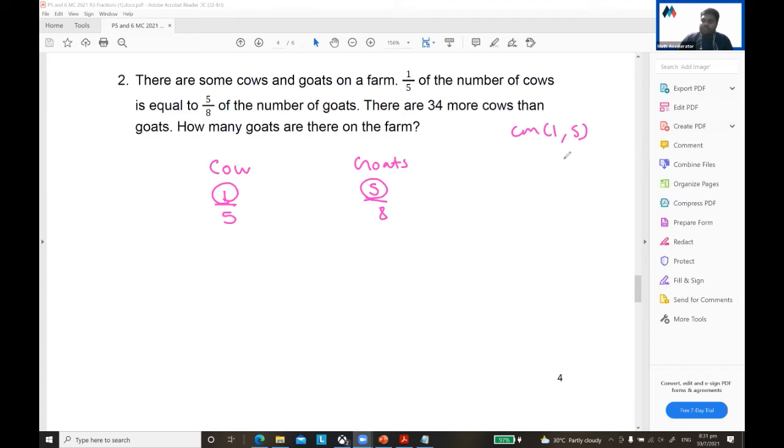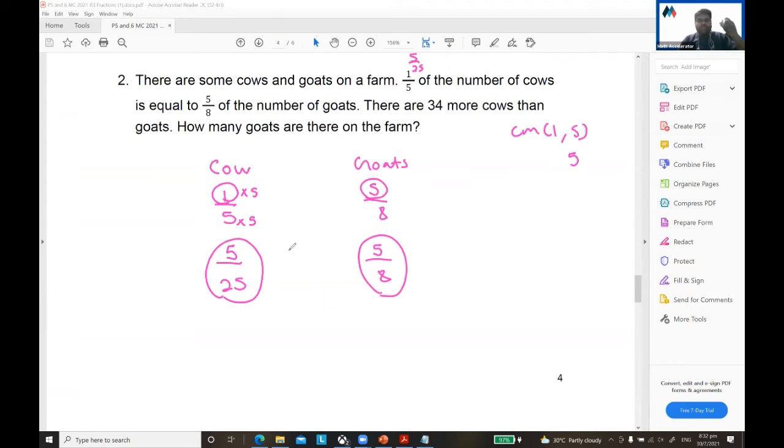So the common multiple of 1 and 5 is 5, which means the 5/8 here can stay. But the 1/5 multiplied 5, you must multiply the bottom. So 5/25, 5/8. So now let's go and read the question with the fraction that we found here.